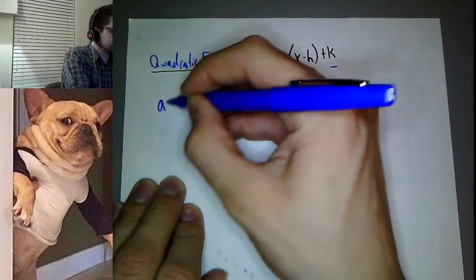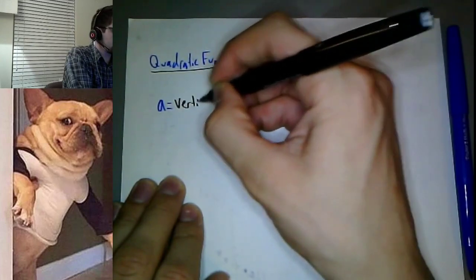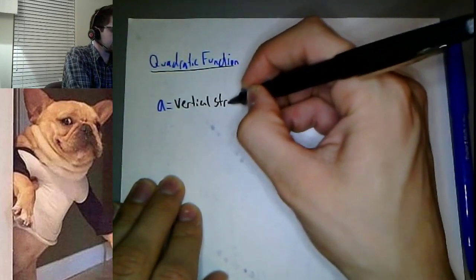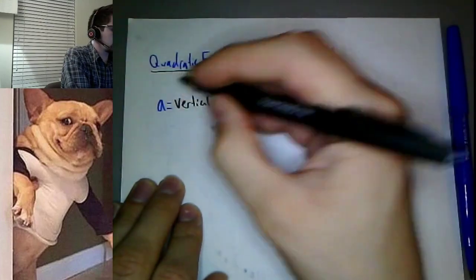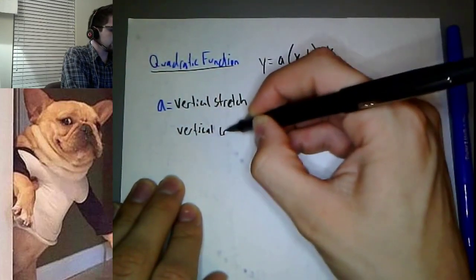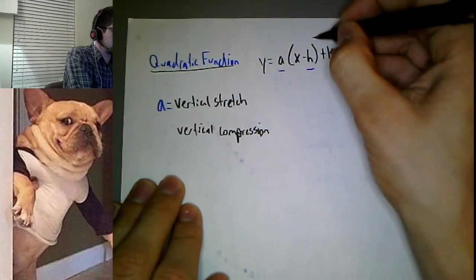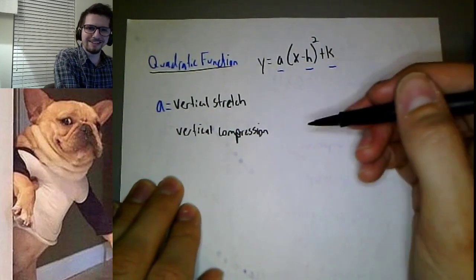So a is going to be either a vertical stretch, if it's a bigger number than 1, or a vertical compression. Don't forget the squared there, like I did.